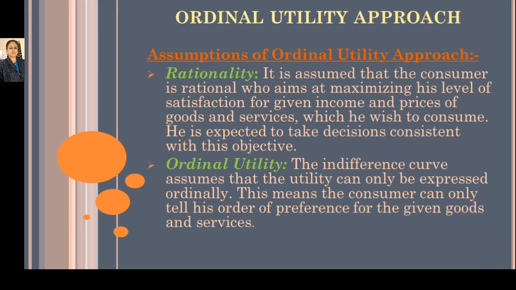As we have said, the consumer is rational and wants to maximize his level of satisfaction for given income. It means in the limited income he wants to get maximum satisfaction and prices of goods and services which he wishes to consume. So the first assumption is that the consumer is assumed to be rational.